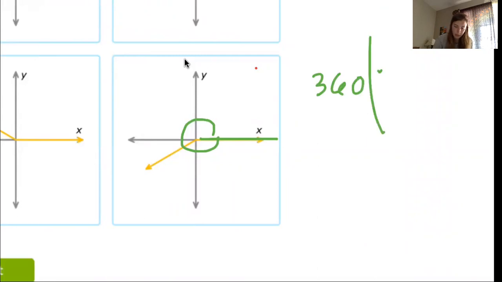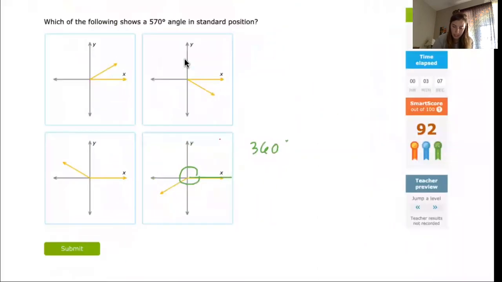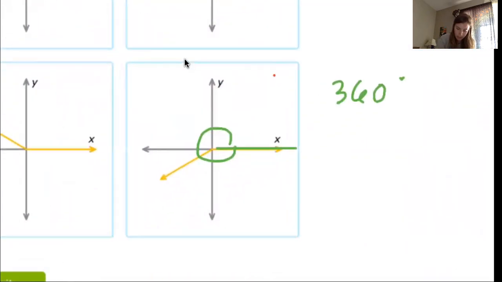I need to go 570 degrees. So how many more degrees is that? So now I'm going to count by 90s. So I just did 360. Okay, so now I'm going to be in red. Okay, so that was 360.